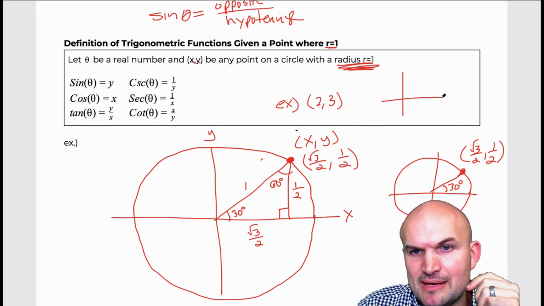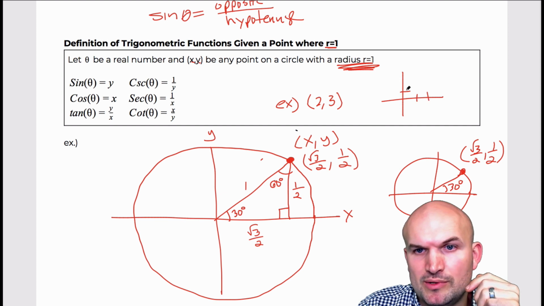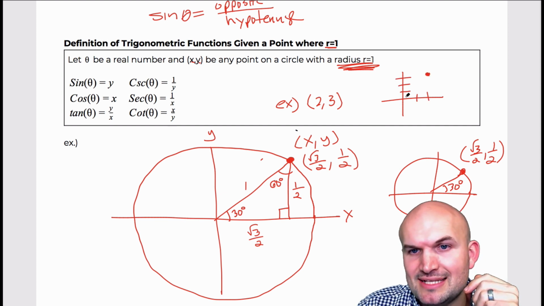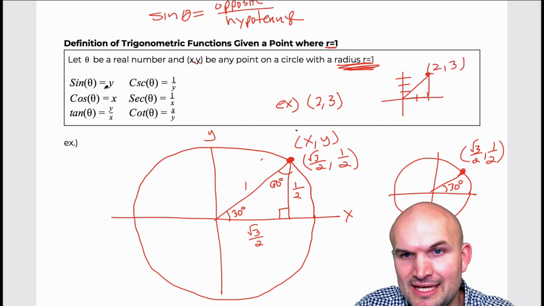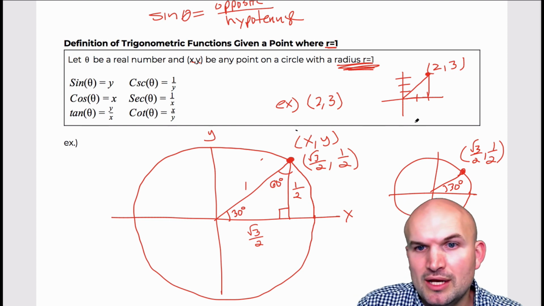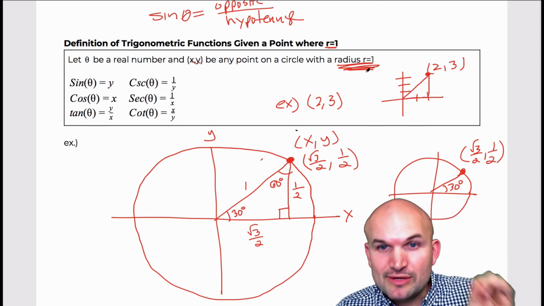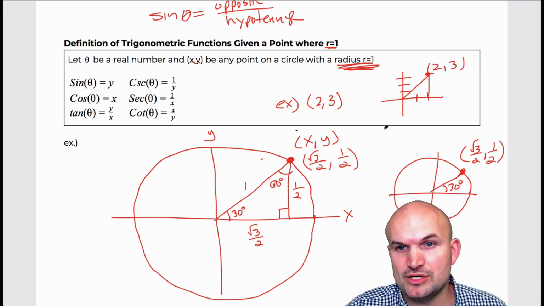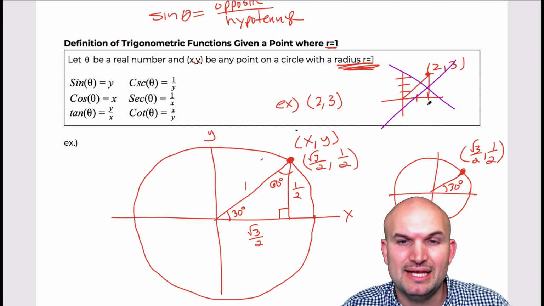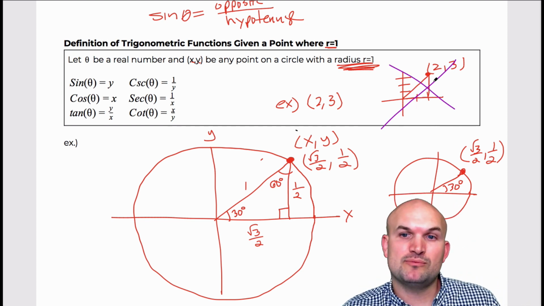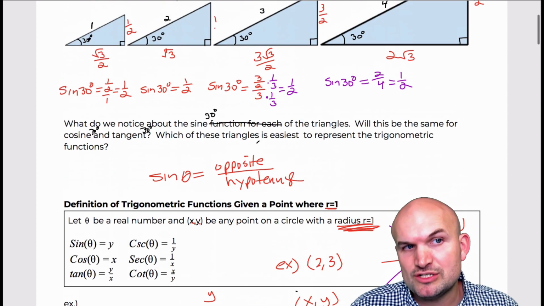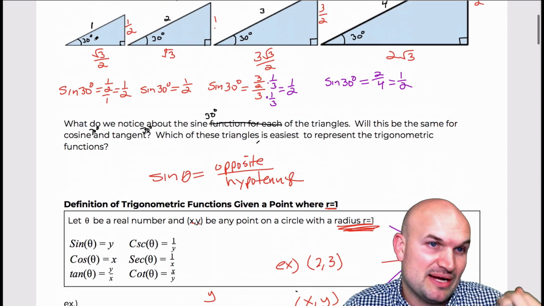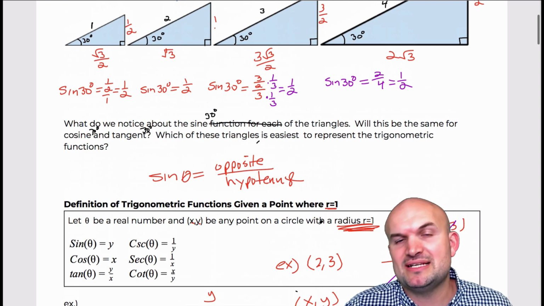Well, if you were to plot that point, 1, 2, 1, 2, 3, the hypotenuse obviously is not 1. Right? So you can't say the cosine is equal to 2 and the sine is equal to 3. It only works when the radius is equal to 1. So don't do what we previously did in our previous chapters from there. Obviously, you have to find the hypotenuse and you have to use the ratios. But when you use triangles where the hypotenuse is equal to 1, it makes things a lot easier.